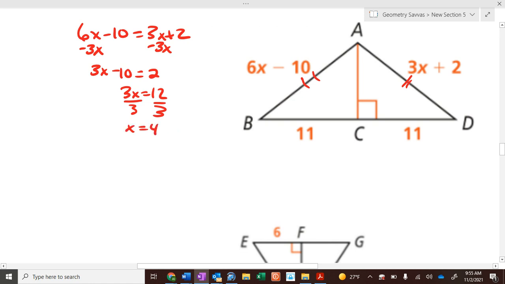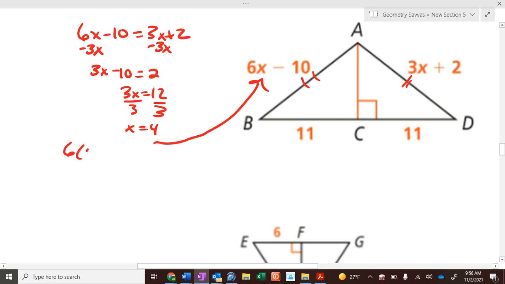Now, how do I figure out the length of AB, Haley? I want to know what AB is, and this is 6x minus 10, and x is 4. What would you do, Ainsley? Plug it in. Plug in the 4 for the x.